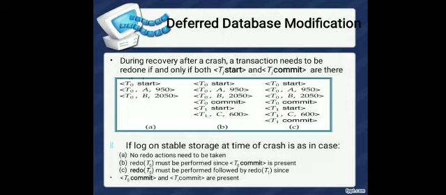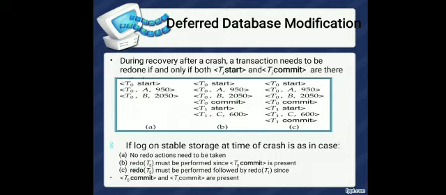Here, as we already said, a transaction needs to be redone if and only if both Ti start and Ti commit operations are performed. Here T0 start and T0 commit both are present, so we can redo the values, which means 950 and 2050 are updated in the database.